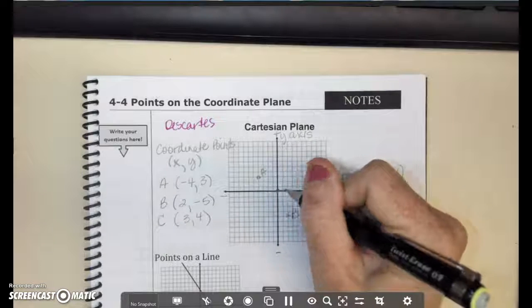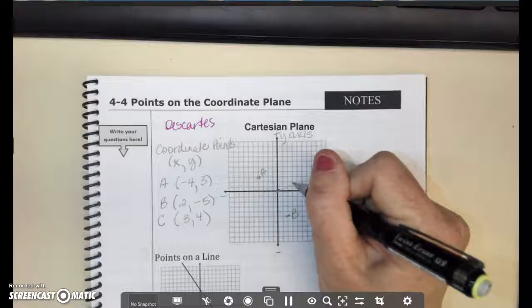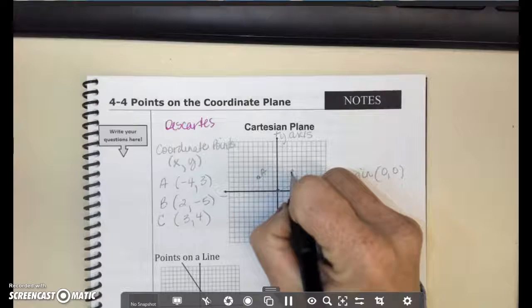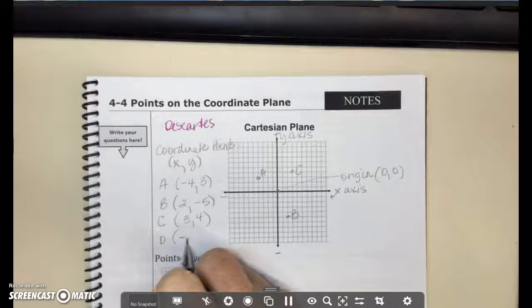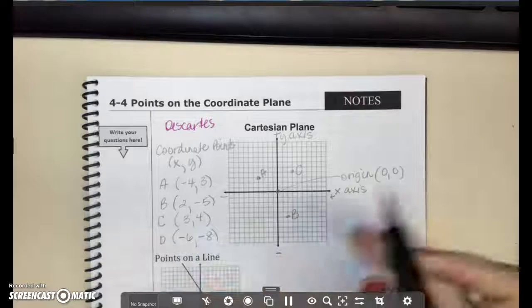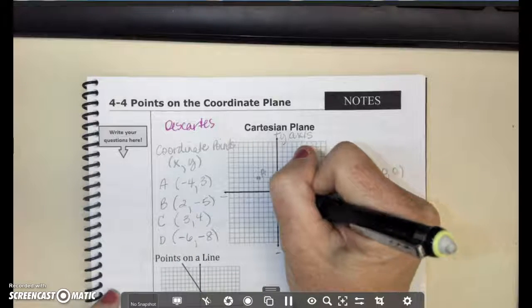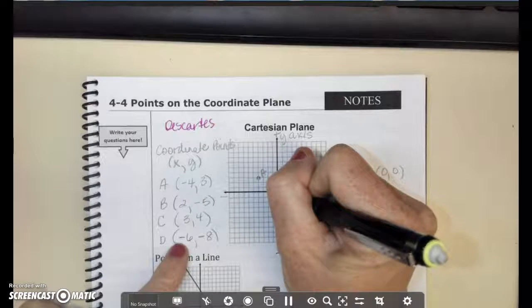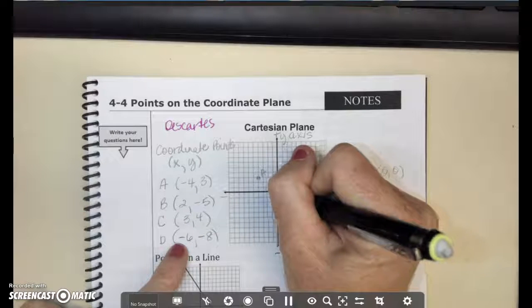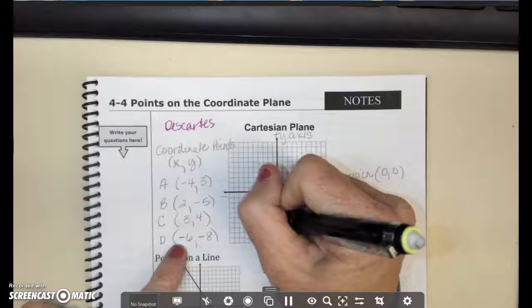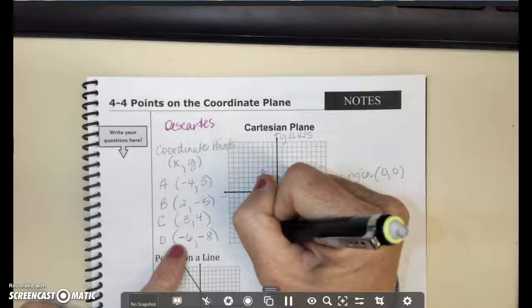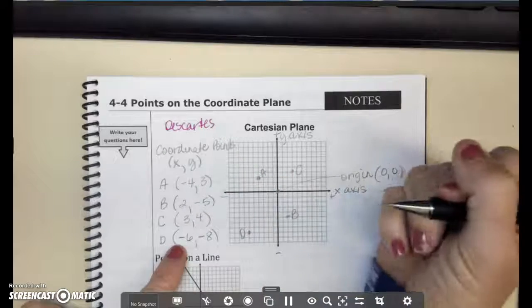So now we're going to go over 1, 2, 3, and up 1, 2, 3, 4. It's going to be point C. Then point D, let's go -6, -8. So we're going to go over to the left now, because these are negative. To the left, 1, 2, 3, 4, 5, 6, and down 1, 2, 3, 4, 5, 6, 7, 8. Right there. So point D will be right there.